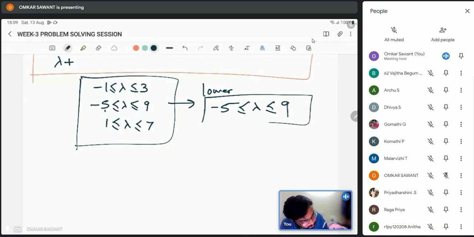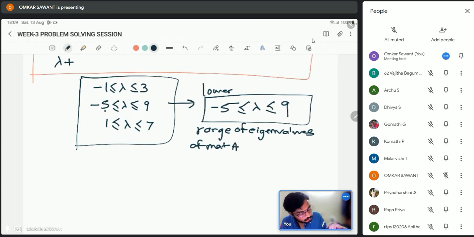This is the range of eigenvalues of matrix A in which all values will lie. Right?